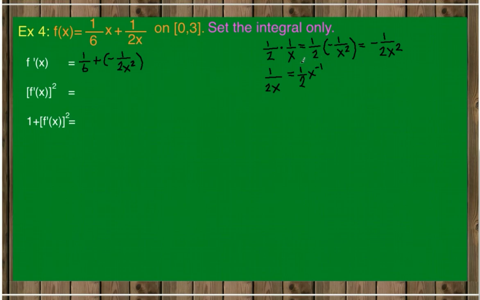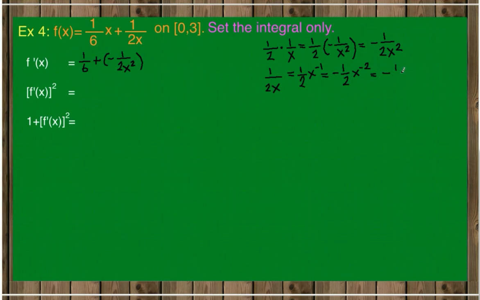Bring the power to the front and subtract 1 from the power. So negative 1 times 1/2 gives negative 1/2. And if you subtract 1 from negative 1, it will be negative 2. And you need to put x to the negative 2 at the bottom to make it a positive power.